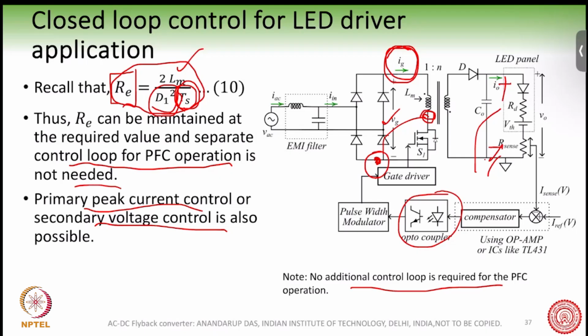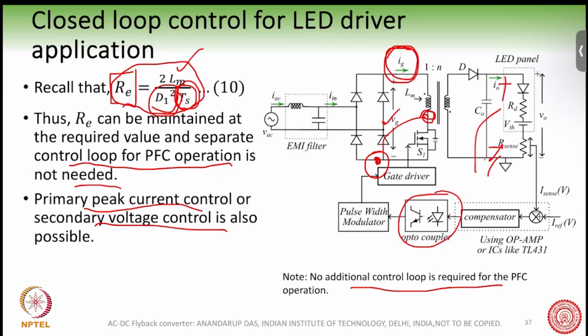In summary, in today's class we have covered the AC-DC flyback converter principle. How does it operate, and how do we run it in the DCM mode? With the DCM mode, how does the emulated resistance look?